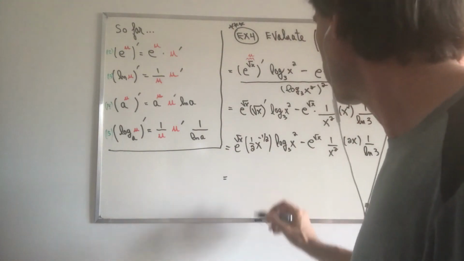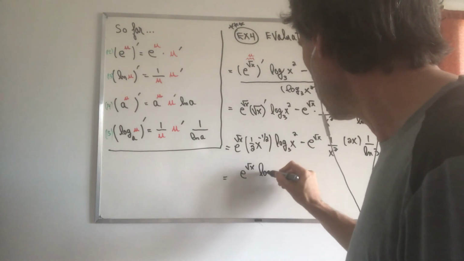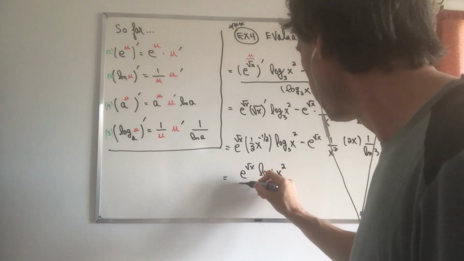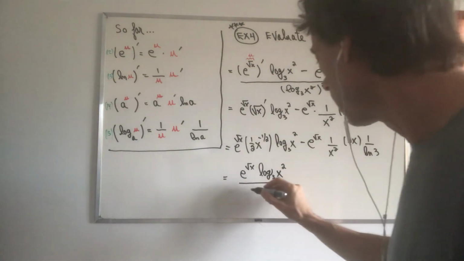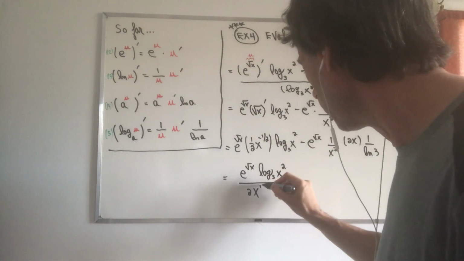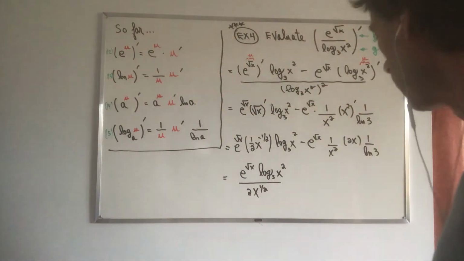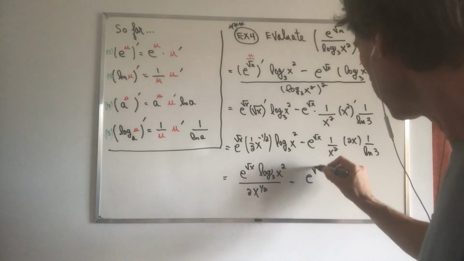Final answer, I should have e to the root x log base 3 of x squared. The negative exponent, x to the minus a half, goes under. So you can have here x to the 1/2 or root x, up to you, minus e to the root x.